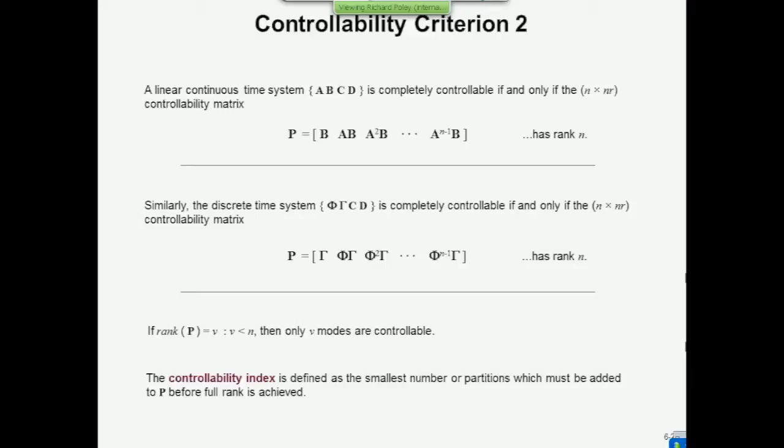If you've only got a rank of V, where V is less than n, then you know that you've only got V controllable modes, and you've got n minus V uncontrollable modes, because n minus V beta I vectors are 0 in there. And some people define a controllability index as the smallest number of partitions which must be added until you get full rank.